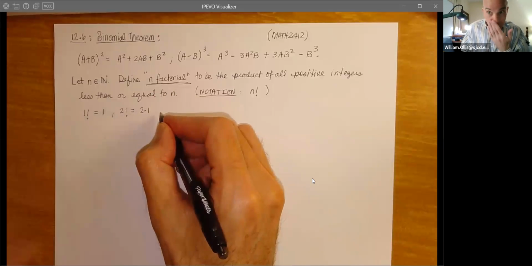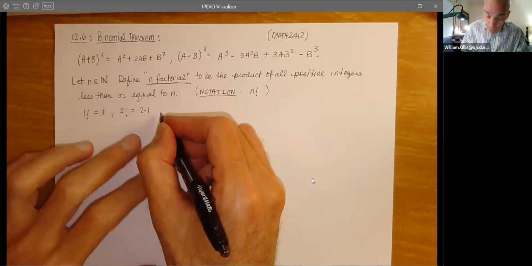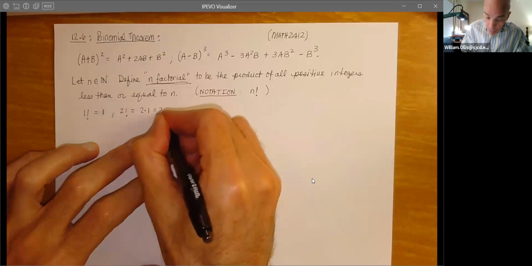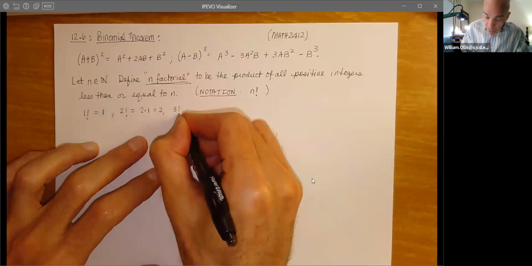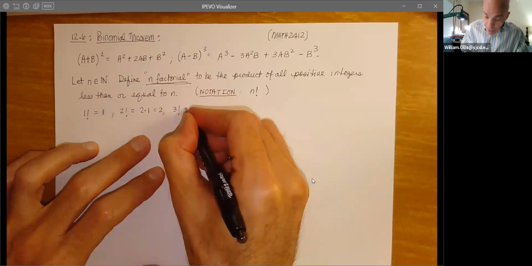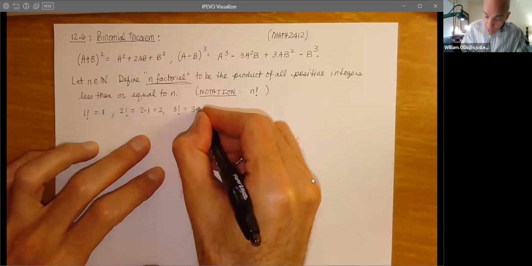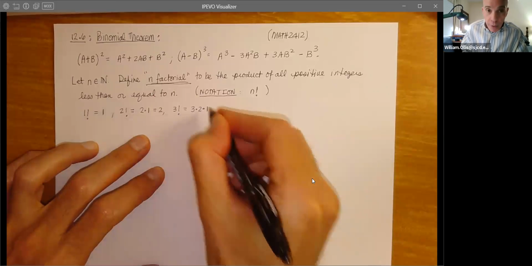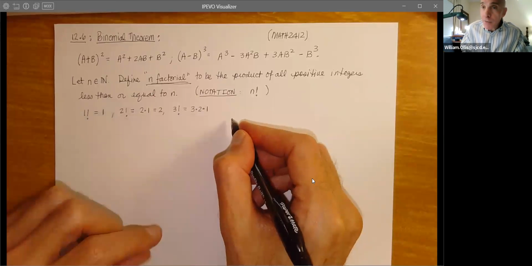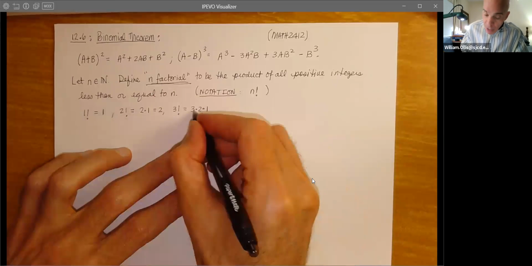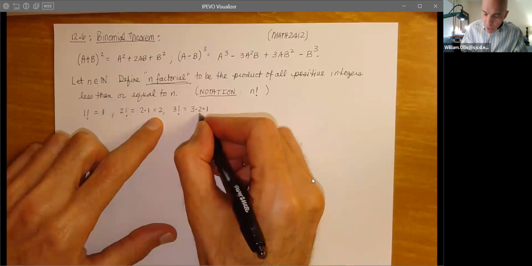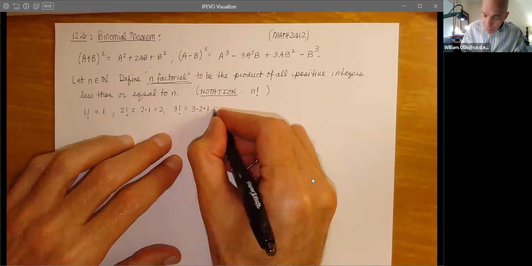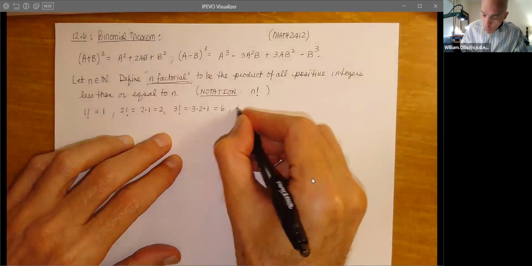And just write them in that order to keep up with them. This gives us 2. And then 3 factorial, same thing, 3 times 2 times 1, the product of all positive integers less than or equal to 3. Well, that's 6, right?